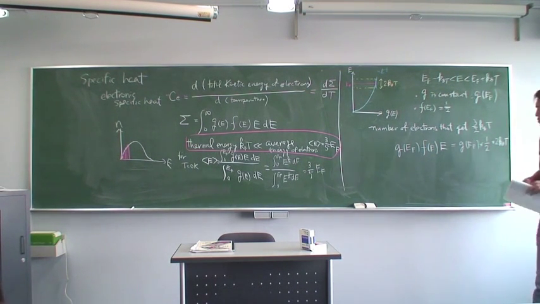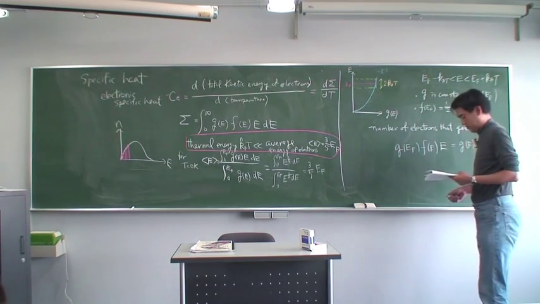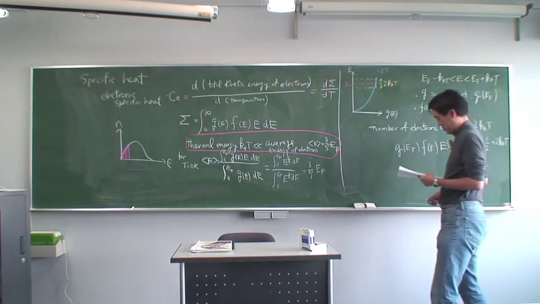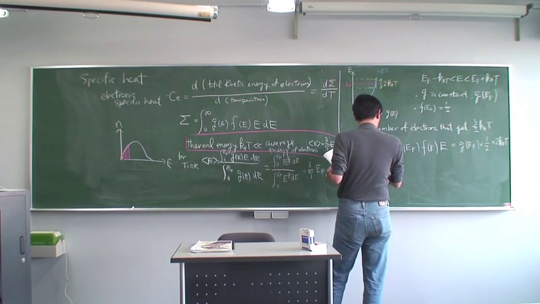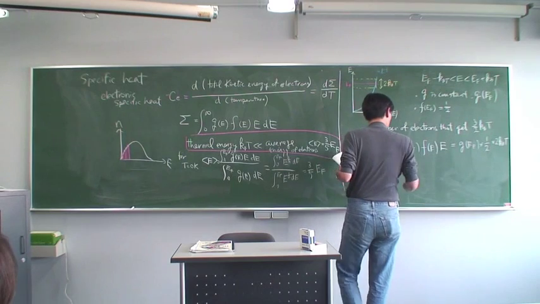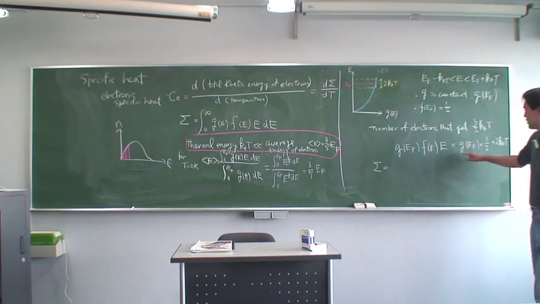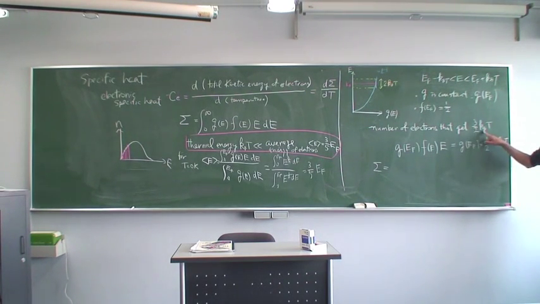And sigma is this number times this. Each electron gets this much extra energy by temperature, and this number of electrons gets this energy.